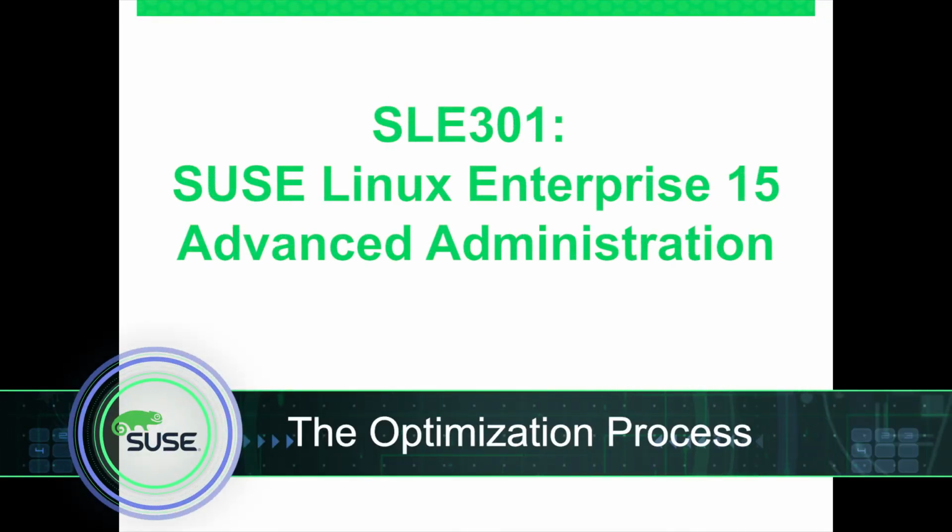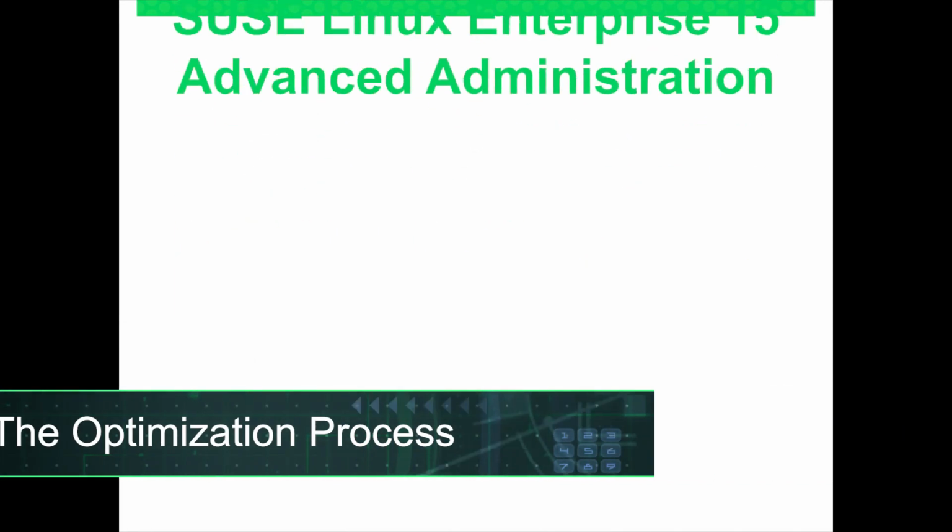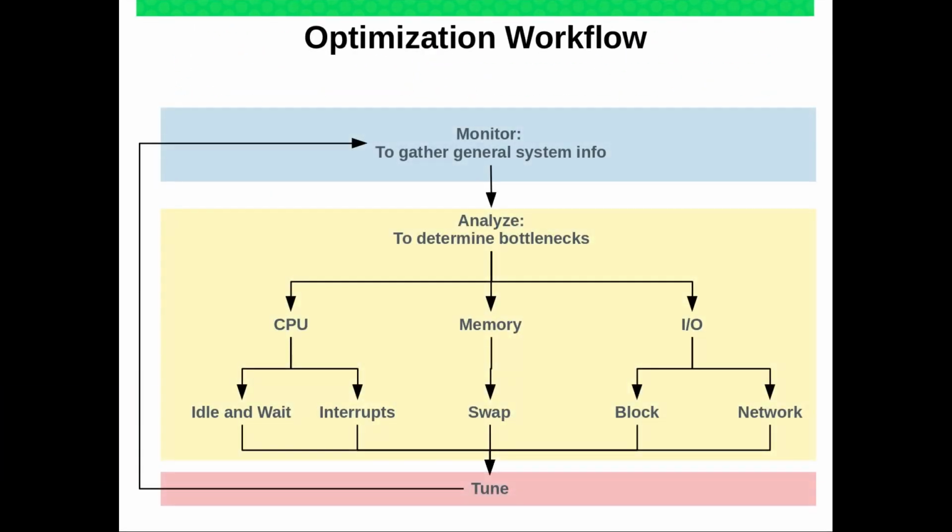In this section, we're going to look at the optimization process under SUSE Linux Enterprise. Optimization is usually performed by an iterative process. In other words, we go through the work of gathering information, then analyzing the various subsystems, and then tuning those subsystems based on what our goals are.